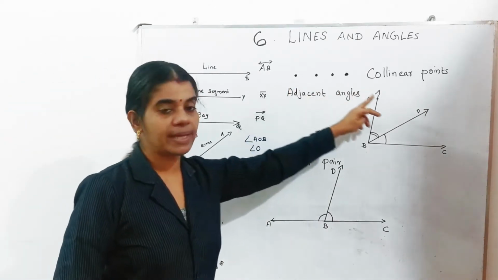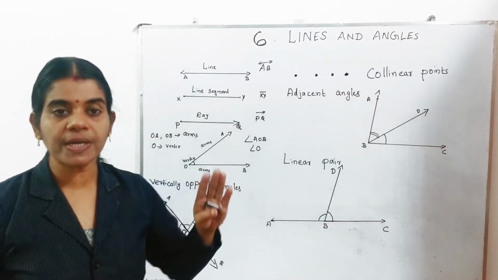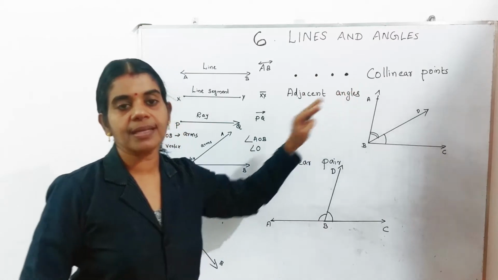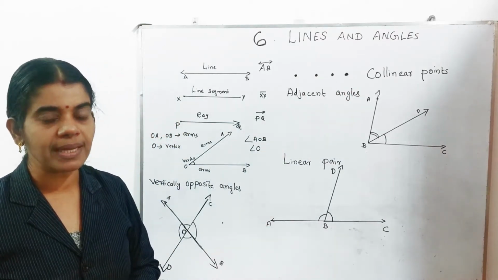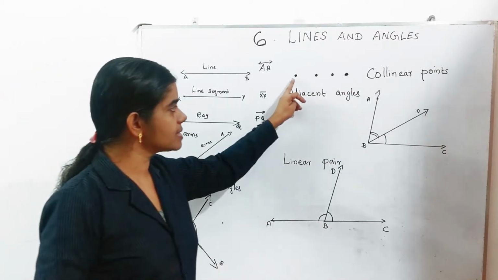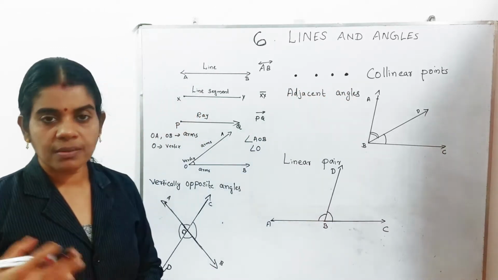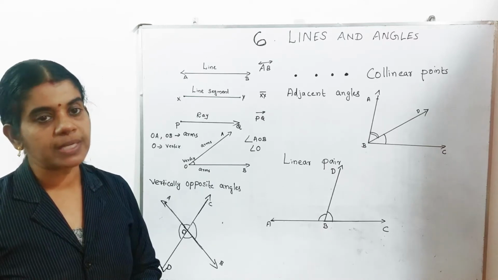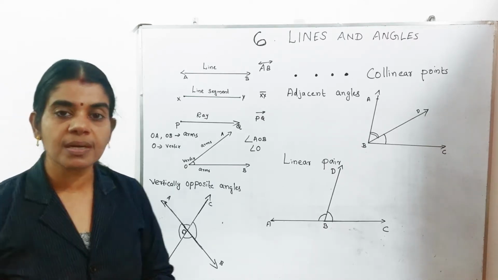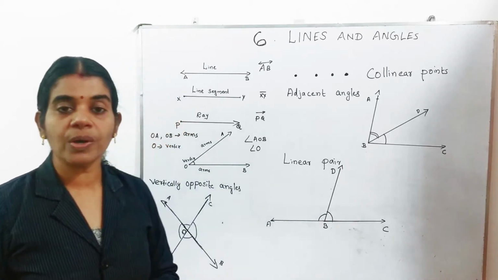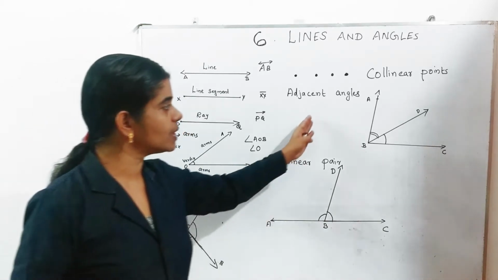These are the collinear points. If these points are not in the same line, or not in a straight line, we call them non-collinear points. Any 3 or more points that lie on the same line are called collinear points. If they are not in the same line, they are known as non-collinear points.